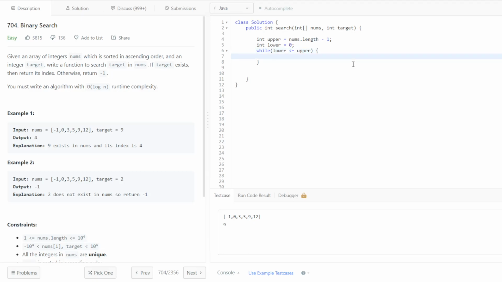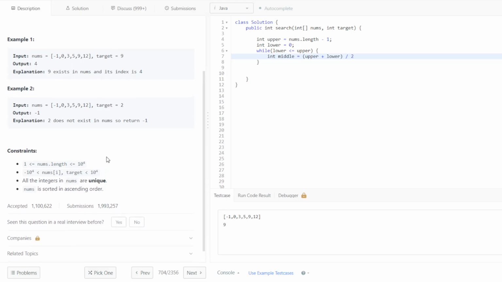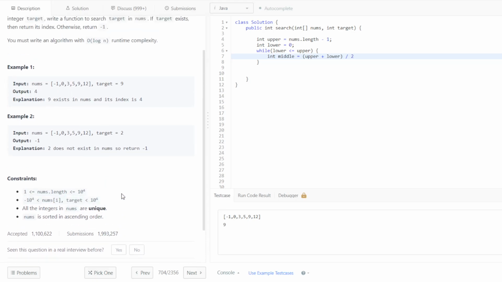The next important part is to get the middle, and what makes sense is to take the average of the upper and the lower, which technically in this problem you can do. But if I expected this to work for all integers of all sizes, then I would want to do something like this, which would actually be lower plus upper minus lower divided by 2.